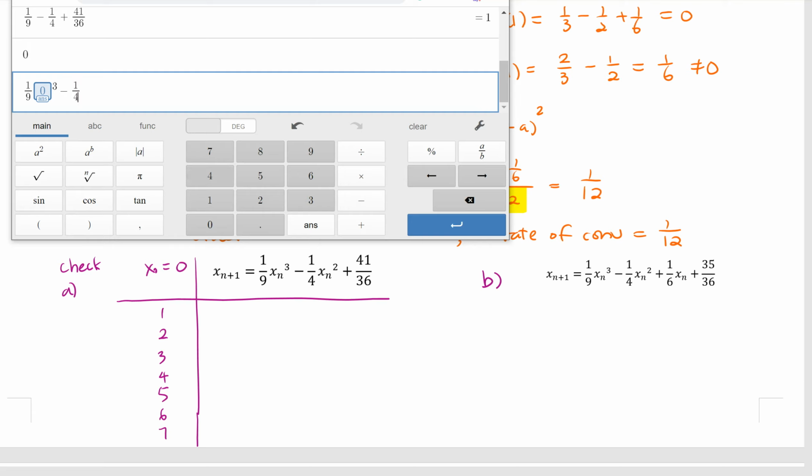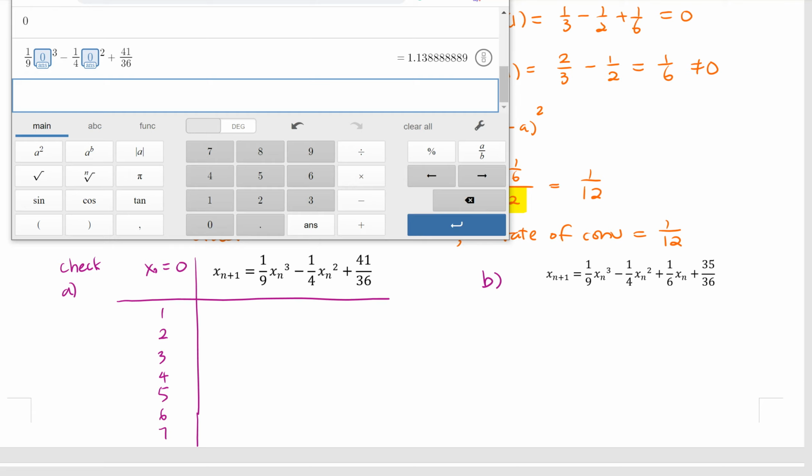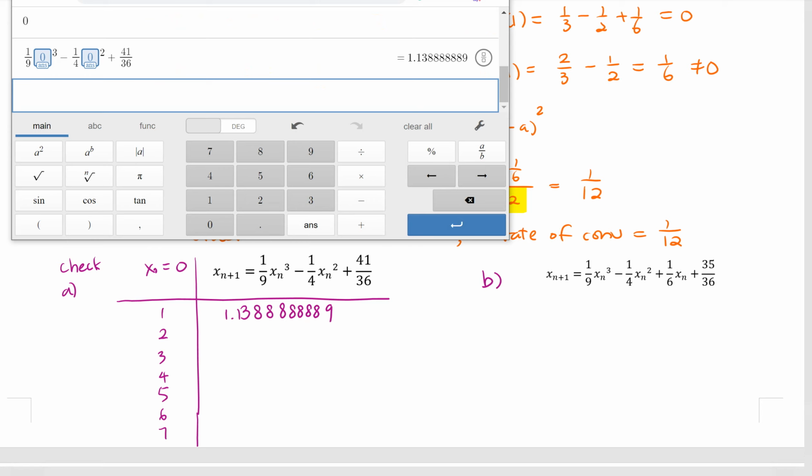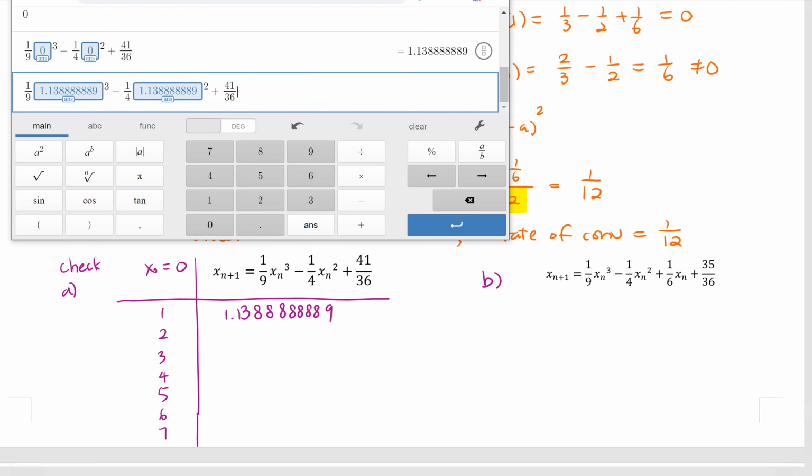Okay, so we get 1.13. Okay, we get this number. Right, everybody? So let's continue. We can just go up and enter again.